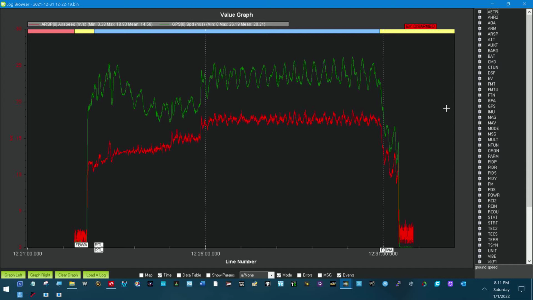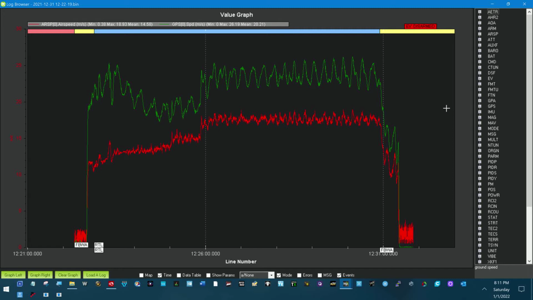If there were a 10 mile an hour wind and the platform were flying at an airspeed of 30 miles an hour, then the ground speed should be 20 miles an hour into the wind. And downwind, the ground speed should be 10 miles an hour above the airspeed because of the wind speed itself.